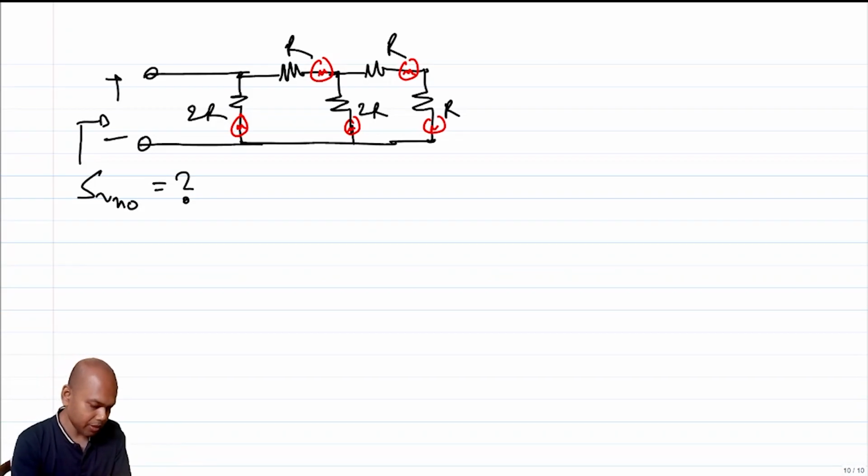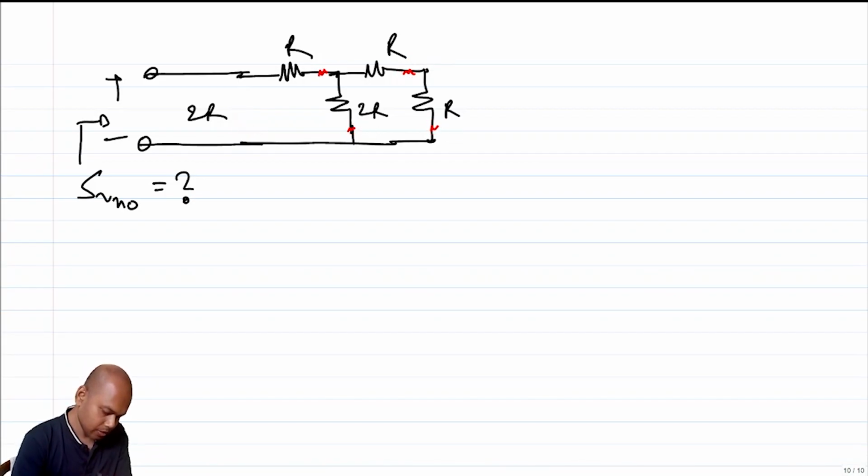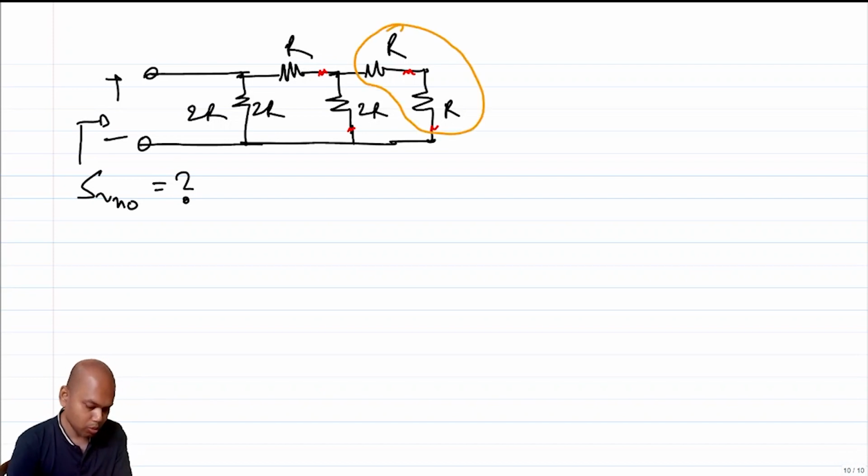What is the equivalent impedance? Looking into this port, if I remove these ones, note that this R and this R becomes 2R, this 2R and this 2R comes in parallel, becomes R, that R and this R becomes 2R, that 2R and this 2R comes in parallel.